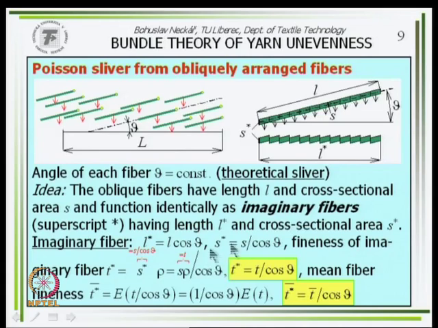Now the cross-section of our imaginary fiber is S star, and for S star this expression shows that S star times rho is S rho divided by cosinus theta. And because this S times rho is T, the starting value of fiber fineness, we obtain that T star is T divided by cosinus theta. Is it well?